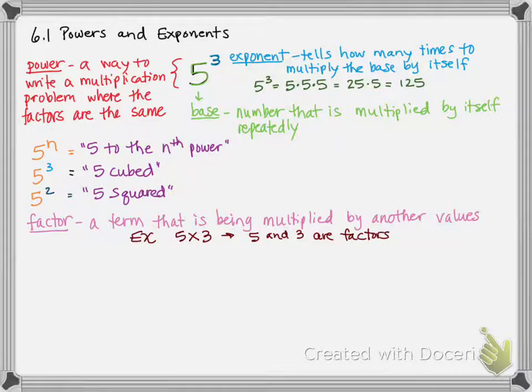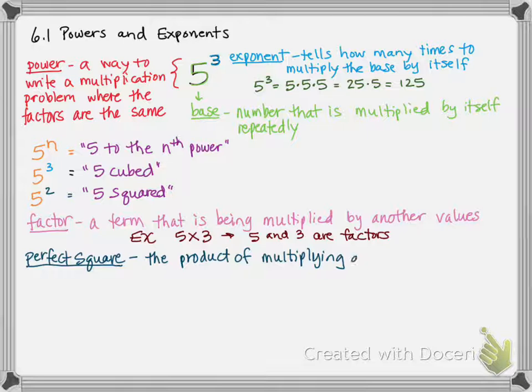Okay. Now, let's talk about an answer we get if we multiply a number by itself. If we multiply a number by itself, we get something called a perfect square. So that's the product of multiplying a number by itself.